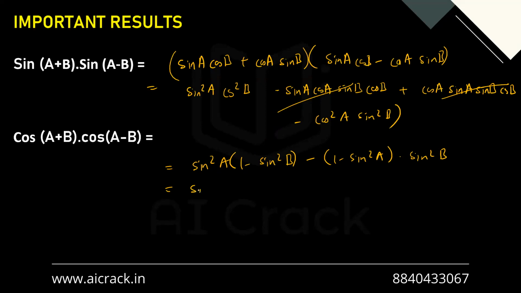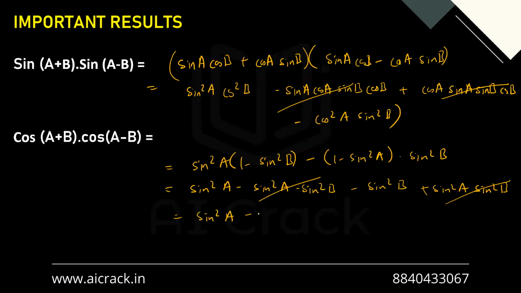So we have sine square A minus sine square A sine square B, and we have minus sine square B and plus sine square A sine square B. So this term gets cancelled out. Now we are left with sine square A minus sine square B.